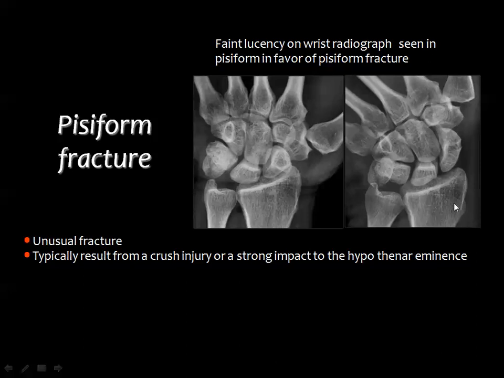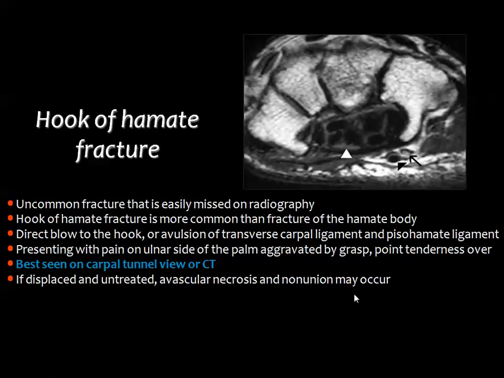Also, fractures of the pisiform are considered rare or unusual, and they can be seen by the plain film. If you look carefully at the pisiform, then you see the fracture. And the hook of hamate is one of the fractures of the carpal bones.